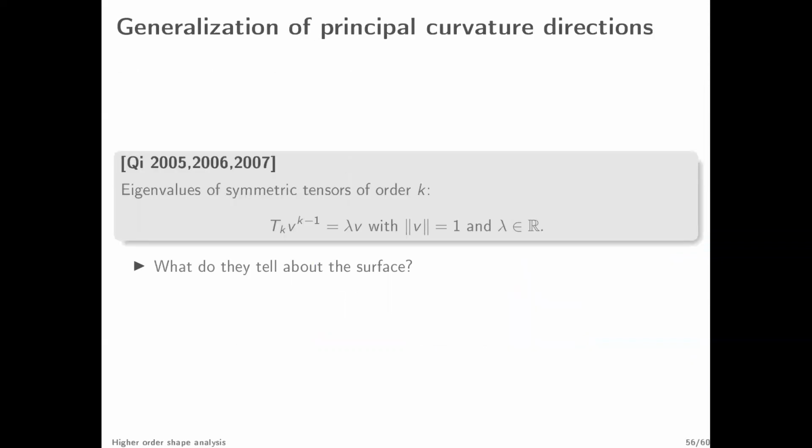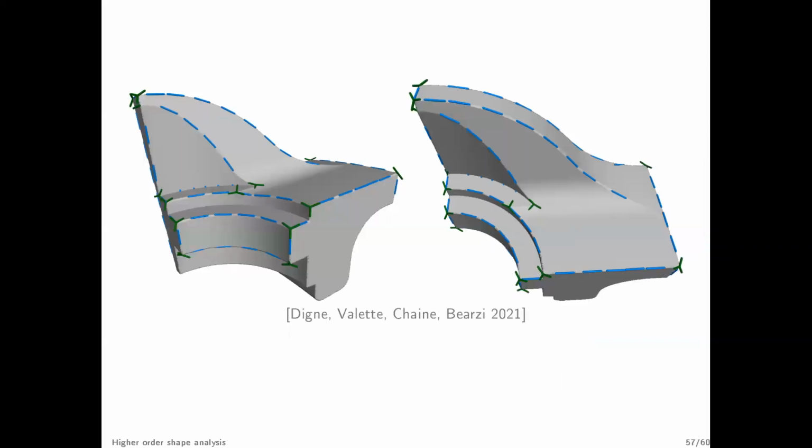And we can also generalize principal curvature directions. For example, this gives you this kind of result. So curvature directions basically give you the directions in which the surface bends most and the surface bends least, and both are orthogonal. And here, I just represented the maximum one.